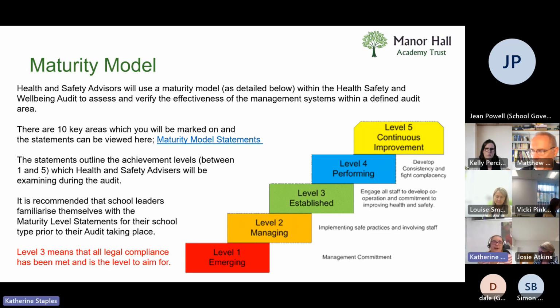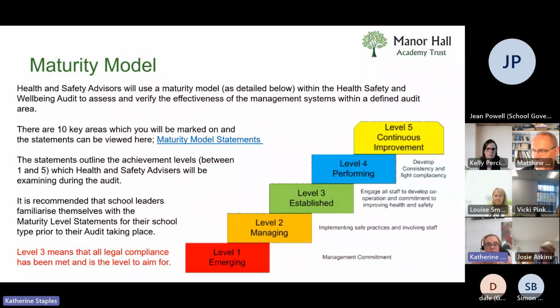I also think as well, when you sit with your health and safety leads, is to manage expectations as well. And I don't mean that from a, you know, you're not a 4 or a 5, but it is okay to be a 3. And that means that there's room for improvement, but, you know, you're sat at a 3. And I think that's a great place to be.